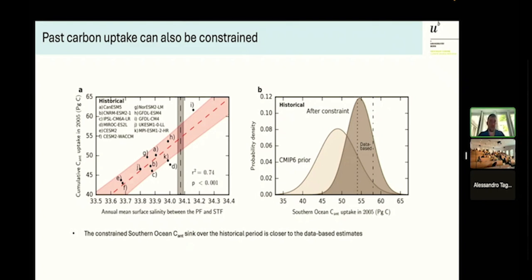If more carbon goes into the ocean, then the carbon budget that we can still emit is likely a bit higher than previously estimated by these Earth system models. So for once, there's good news coming out of this work.